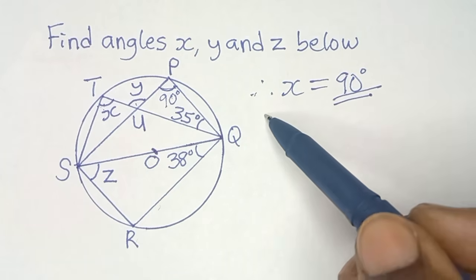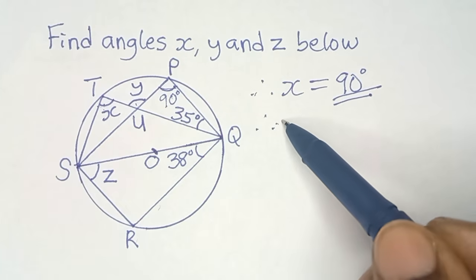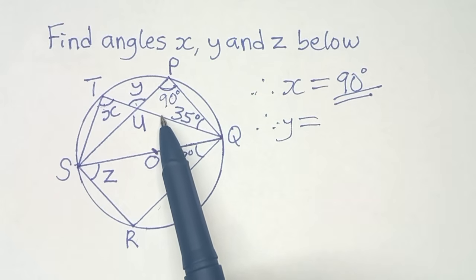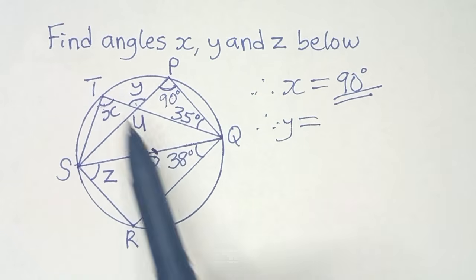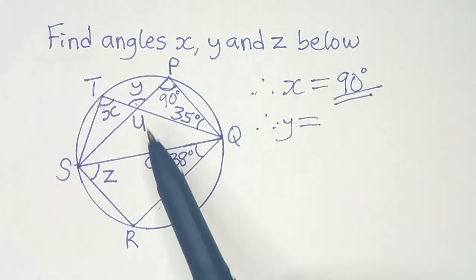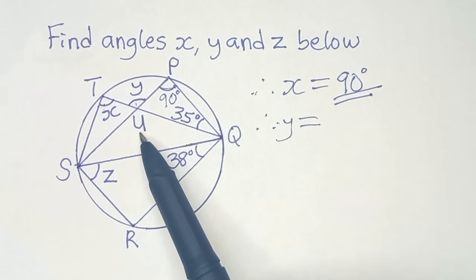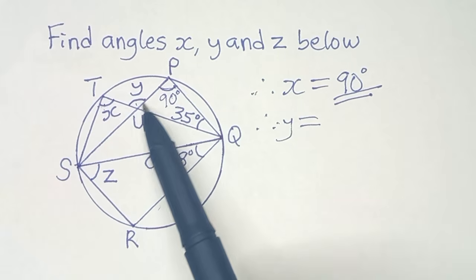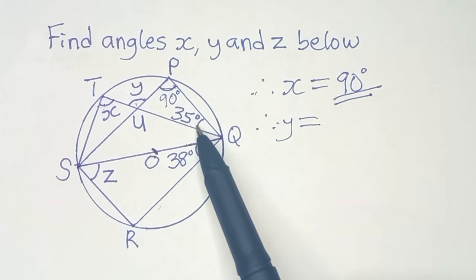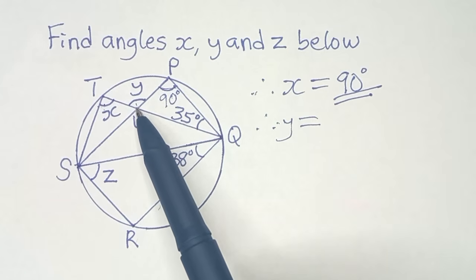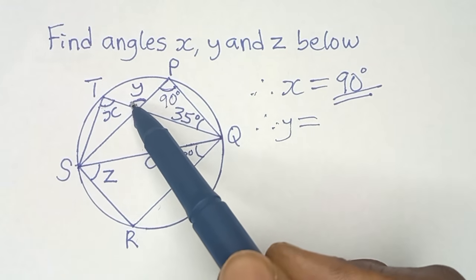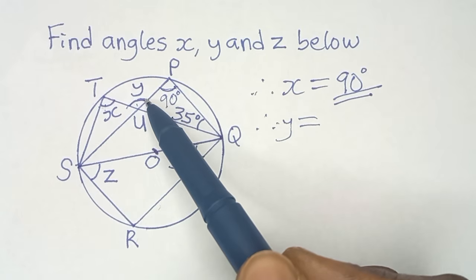To get the value of angle Y, we say that angle Y is produced when one of the lines of the triangle is extended outward. Look at this triangle UPQ. The line UQ is extended outward to form this angle Y as the exterior angle of the triangle.